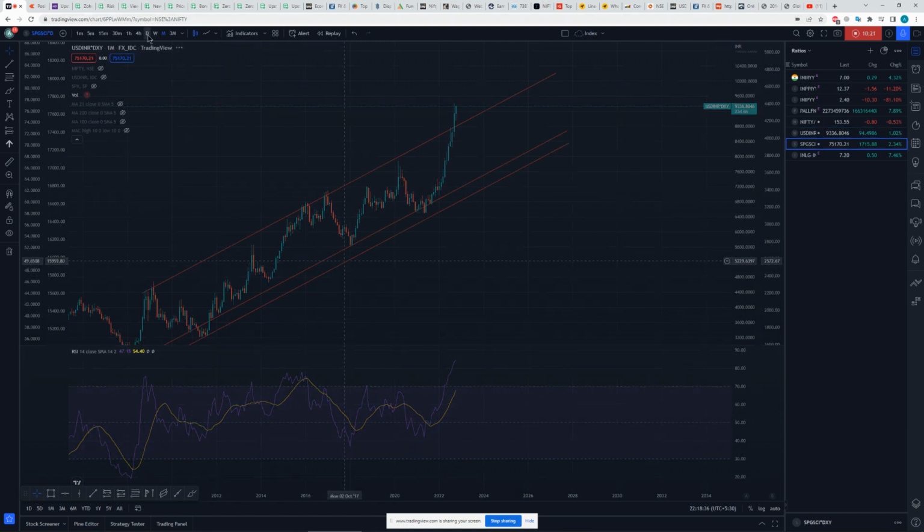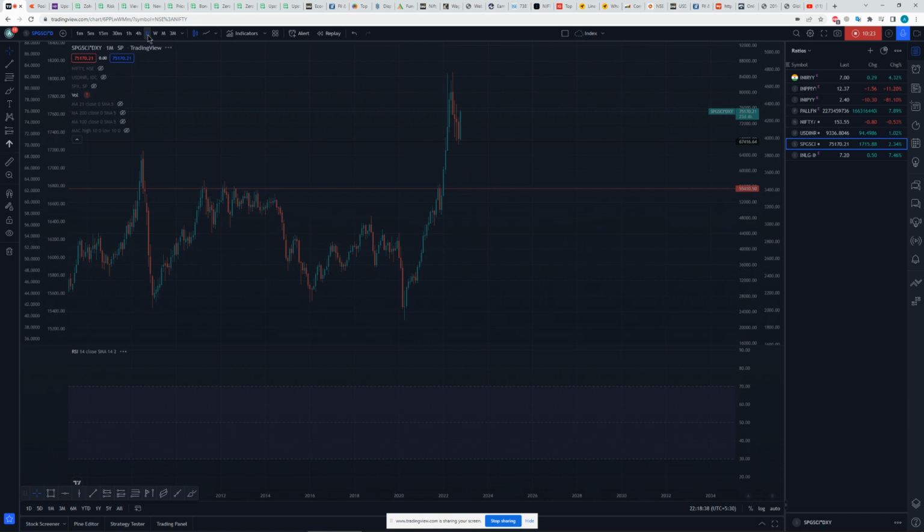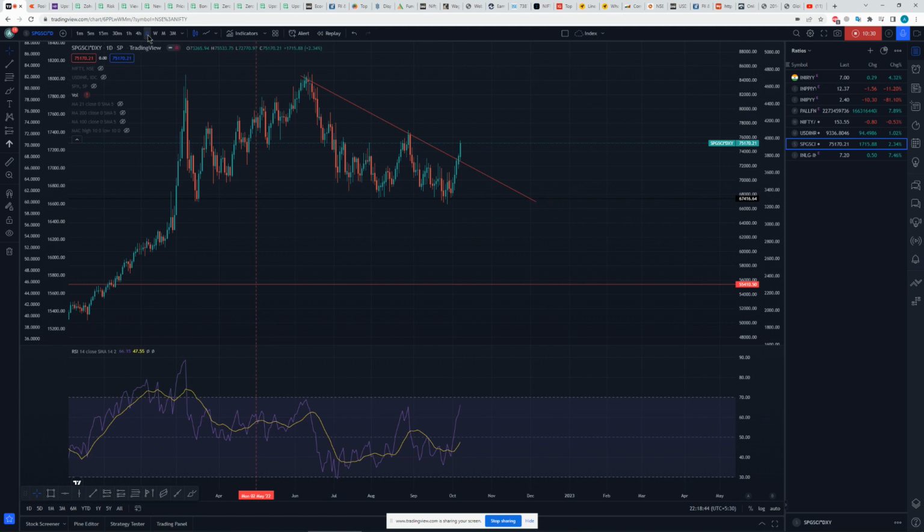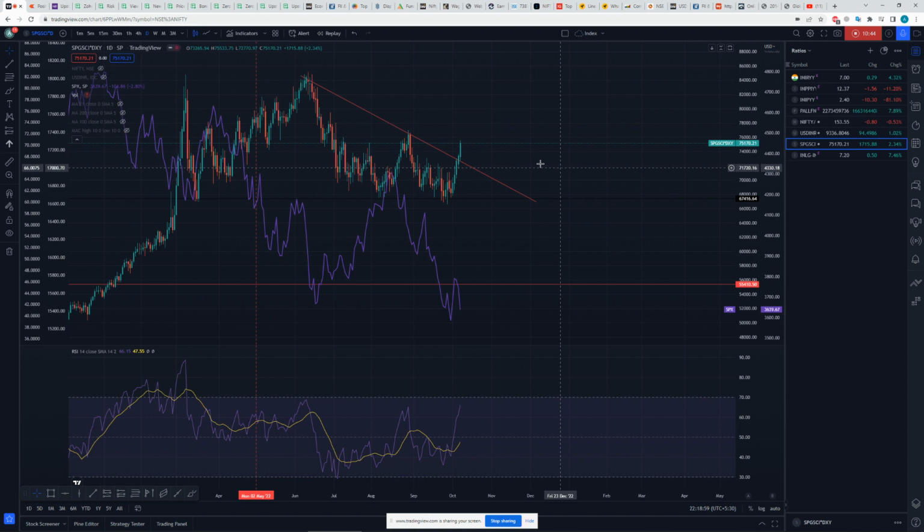And next thing I'm looking at is SPGSCI and dollar. This is Standard and Poor's Goldman Sachs Commodity Index and dollar. We're comparing the performance of commodity against the performance of currency, and this indicates that SPX 500 is in for a further down move.